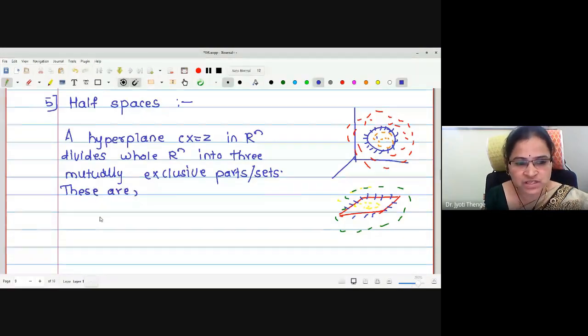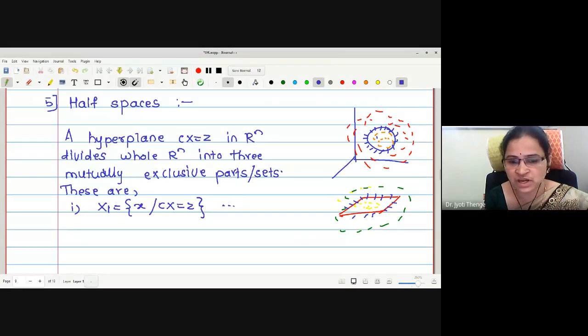What is the first part? Let me call it capital X1, and this is the collection of all points x such that Cx equals z. Cx equals z means these are the boundary points. Next is X2, the collection of all points x such that Cx is less than z.